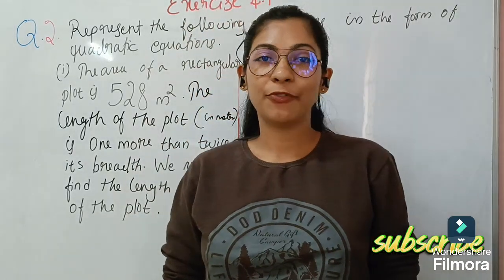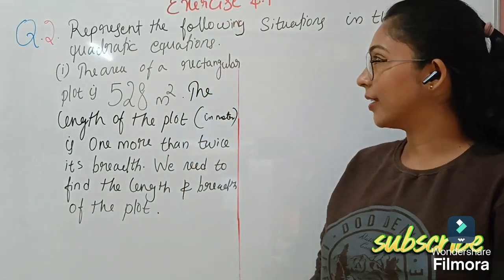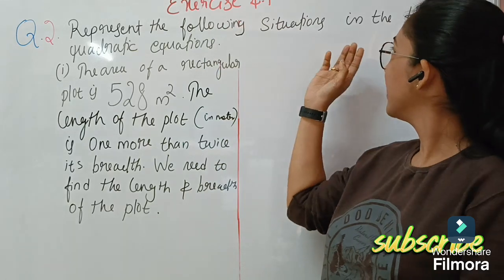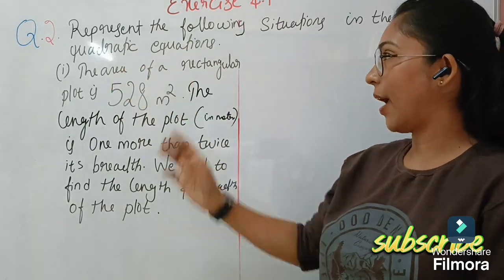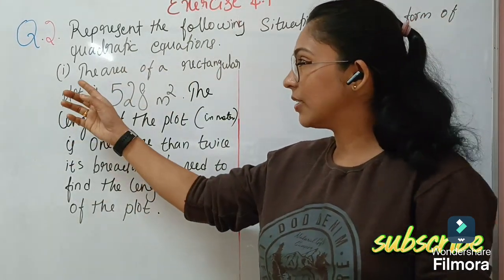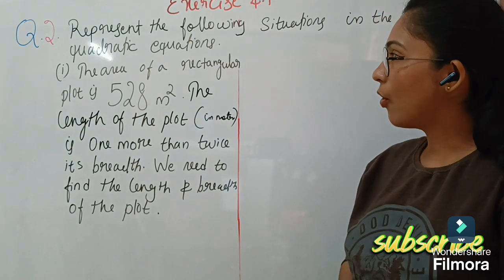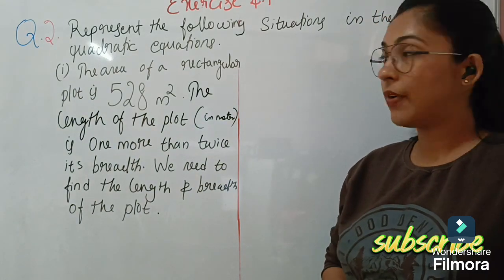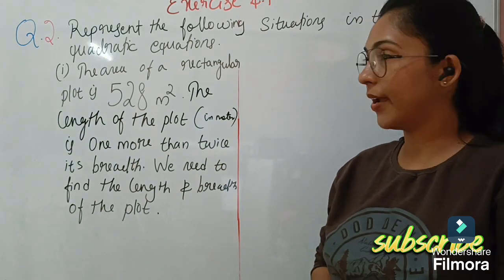The second question from exercise 4.1 is: represent the following situations in the form of quadratic equations. The first sub-question is: the area of a rectangular plot is 528 meters square.